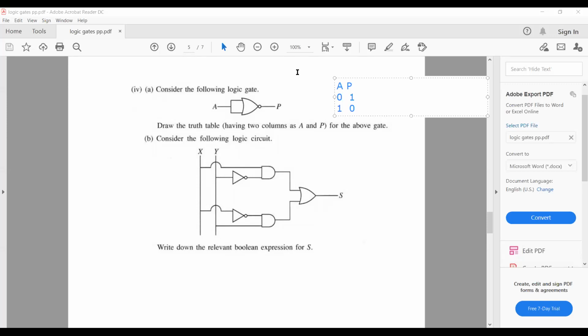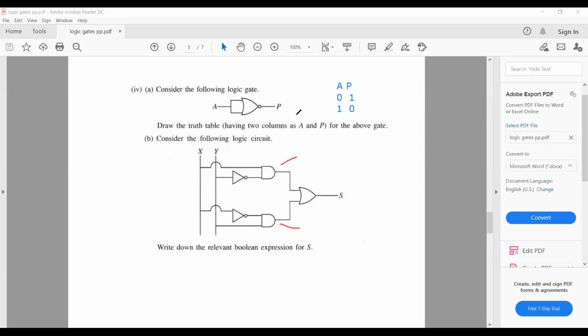So here we'll see the expression. Here you get x dot y dash, and here you get x dash dot y. So both we have to combine here.